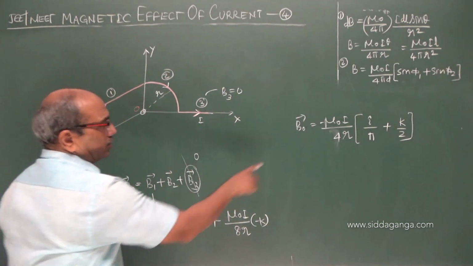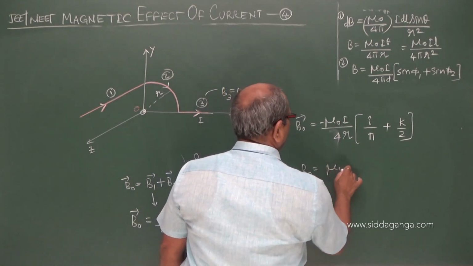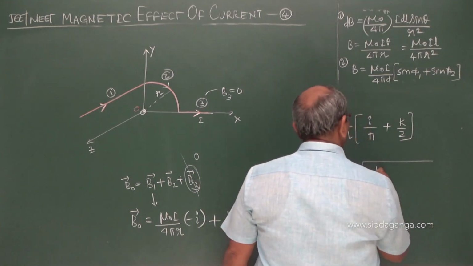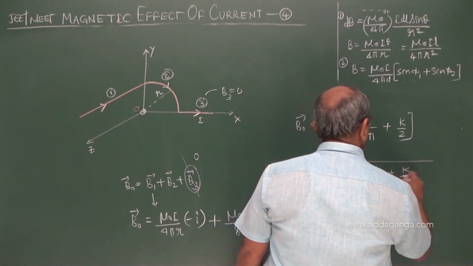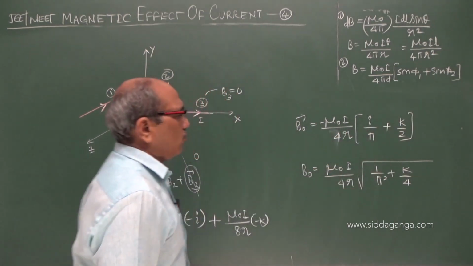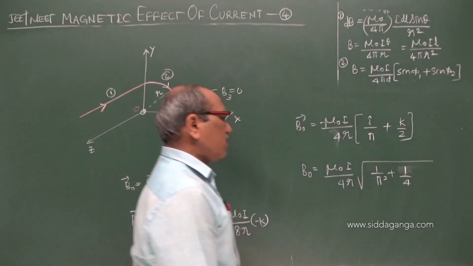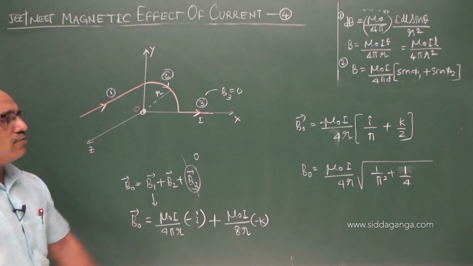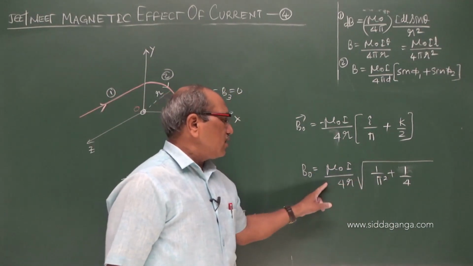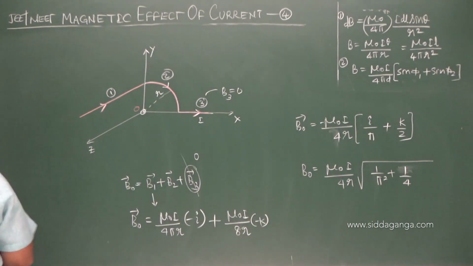Direction is required, that is given here, i and k with minus. Magnitude only, if you refer, mu naught I by 4R into square root of 1 upon pi square plus 1 by 4. That is 1 by 4, sorry. You can simplify by bringing out, I showed that one. Otherwise, if a common LCM is made, again it comes out and we can show it. Coming to the next one.